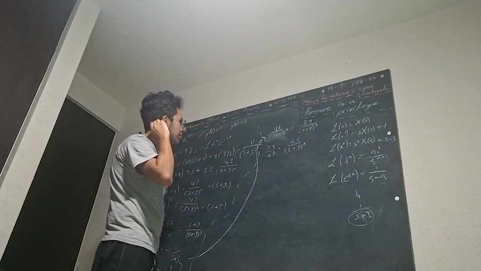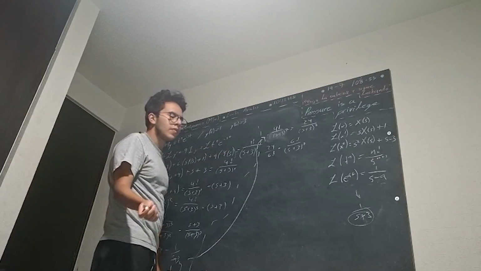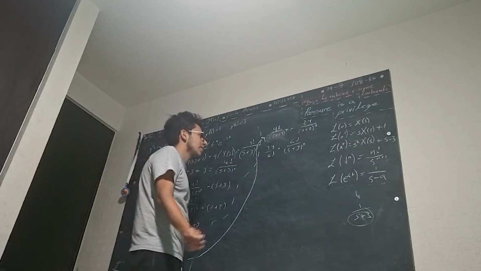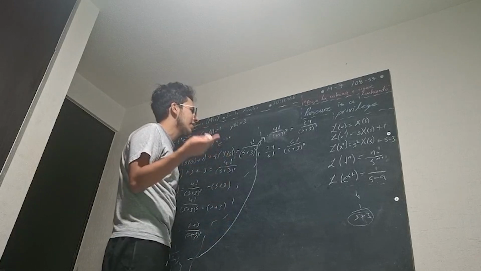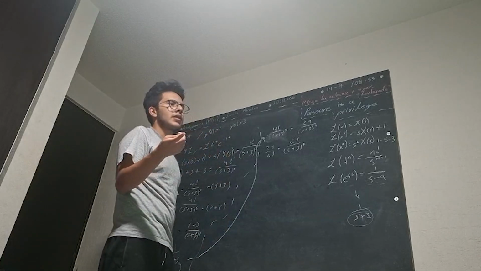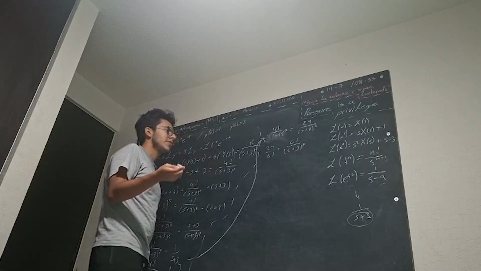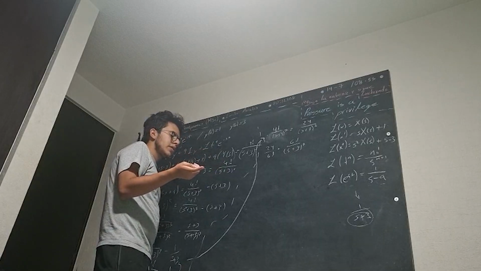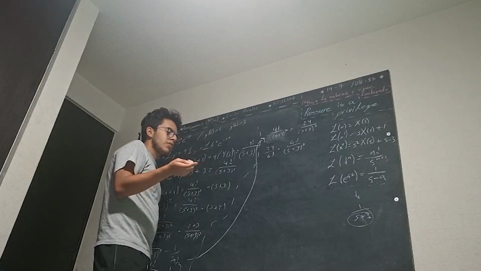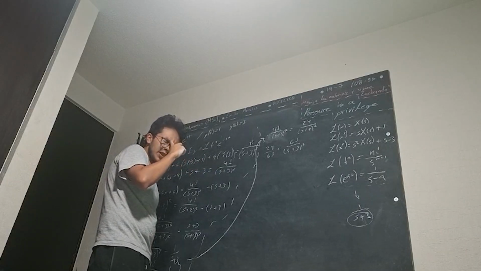Here we have to find what 6 factorial means. 6 times 5 is 30, 30 times 4 is 120, and 120 times 3 is 360, and 360 times 2 is 720.